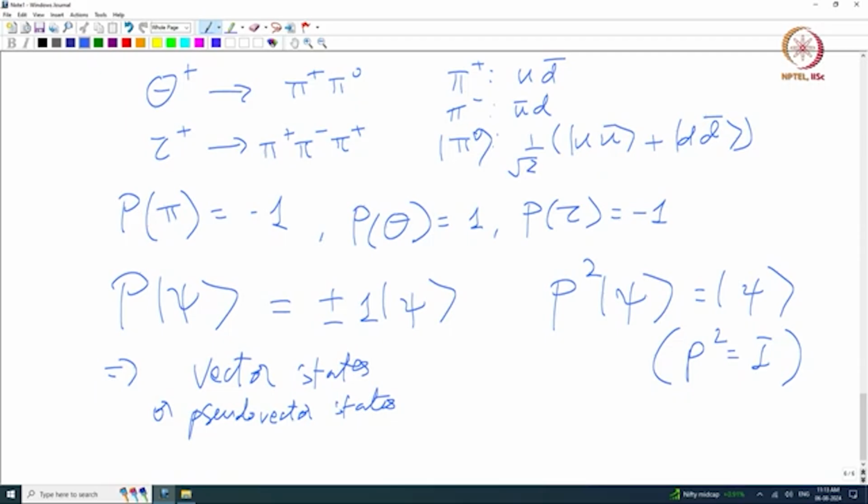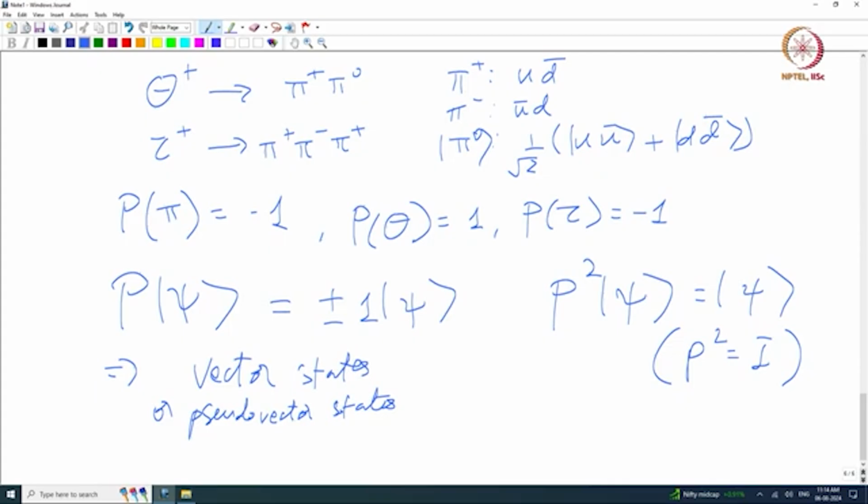And so let us see how much we are getting into this. Okay, good. So okay, now that I have introduced the concept of vector and pseudo vector, maybe we should also talk about scalar and pseudo scalar states, right, which should be trivial at this point, right.